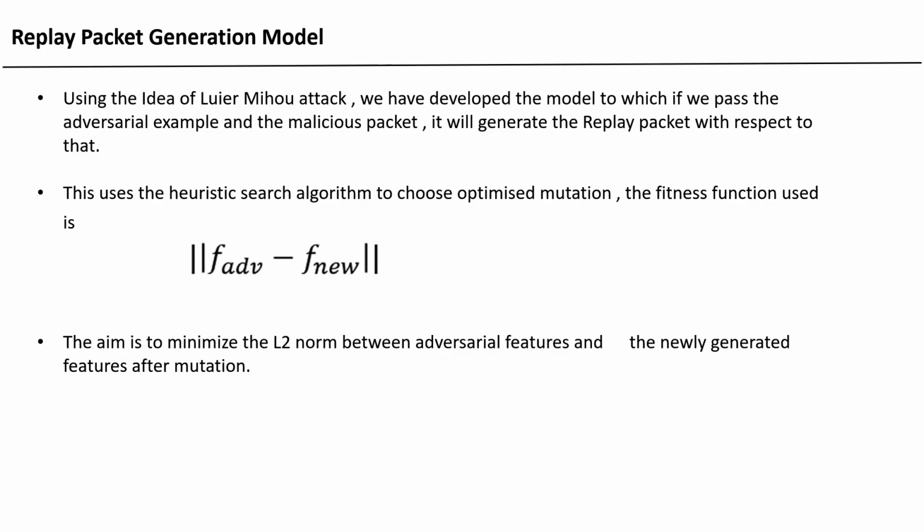The similarity value is calculated based on the fitness function, which is the L2 difference between the adversarial features and the new feature. The packet generated comes out as a replay packet, which could later be used to perform the attack.